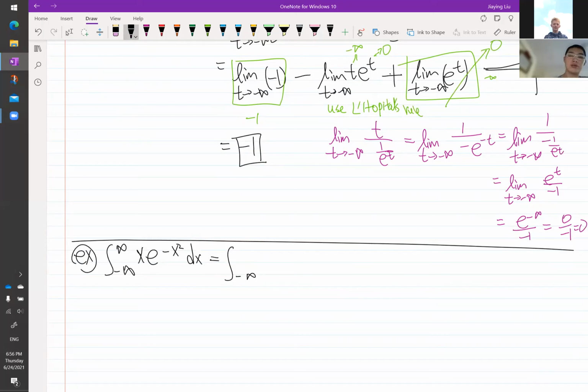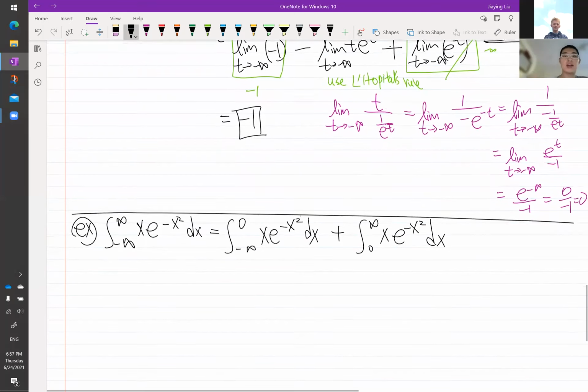So I'm going to break it into the integral from negative infinity to 0 of x e to the negative x squared dx, plus the integral from 0 to positive infinity of x e to the negative x squared dx. And for each one of them, I'm going to apply the limit definition, because each one of these is an improper integral, right?